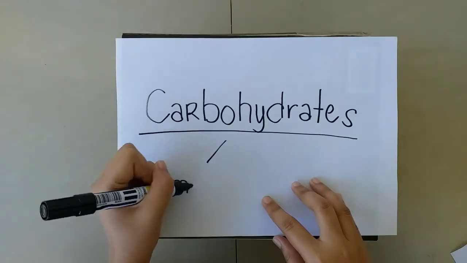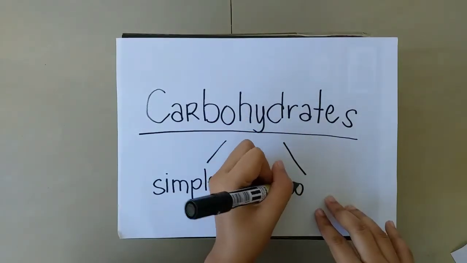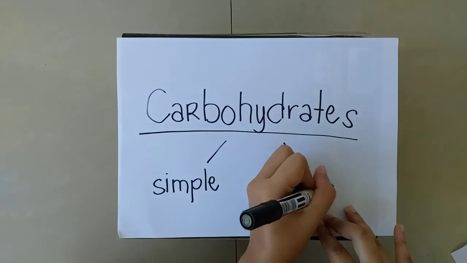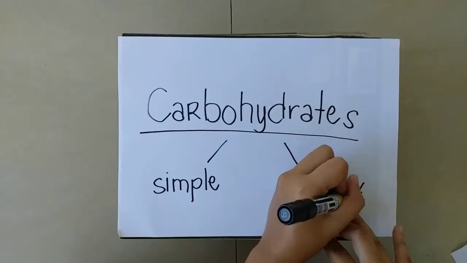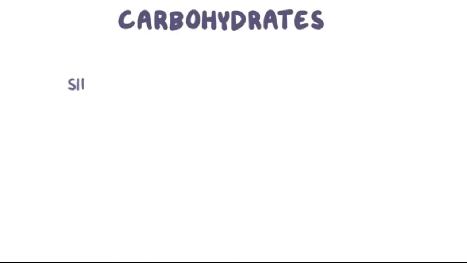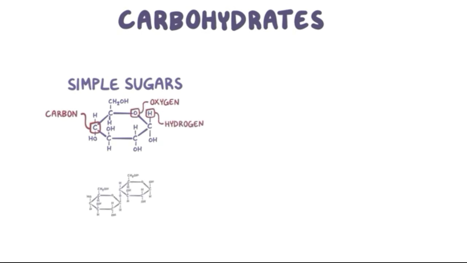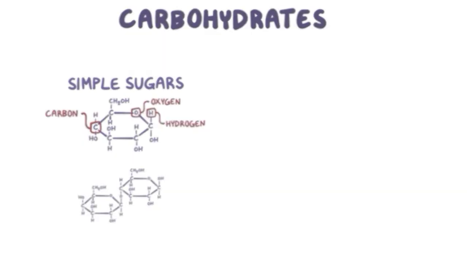These carbohydrates can be simple or complex, depending only on their chemical structure. The simple carbohydrates, or simple sugars, are found naturally in foods such as fruits, vegetables, milk, and other milk products.